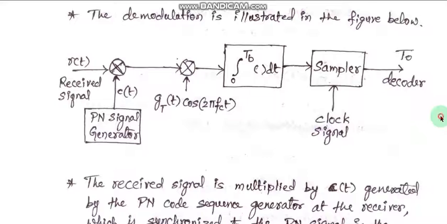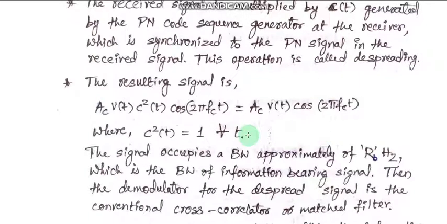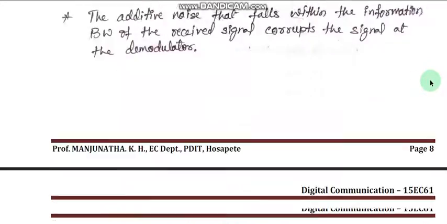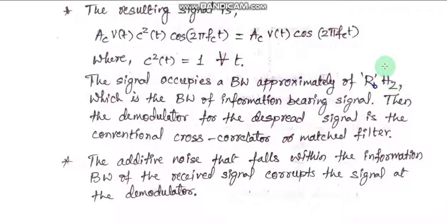The resulting signal is multiplied by C of t, as explained here. Some mathematics has been shown here. According to this equation, C square of t will be 1, so AC into V of t into cos 2 pi FCT will remain. If there is noise, that has to be removed here. So this is about DSSS, direct sequence spread spectrum.